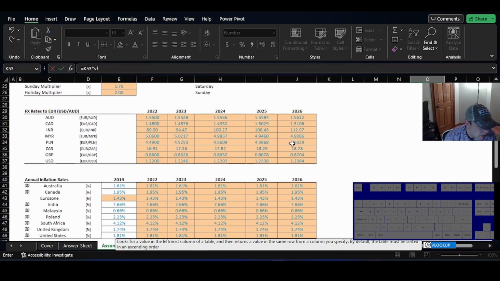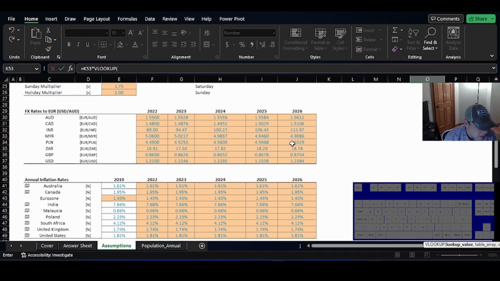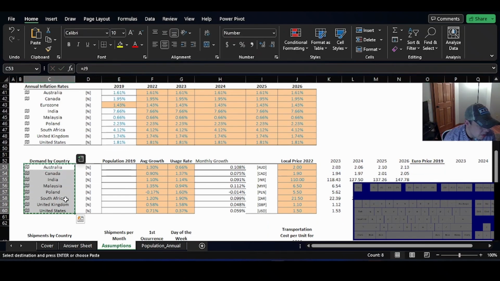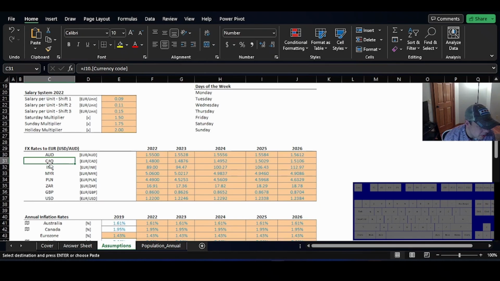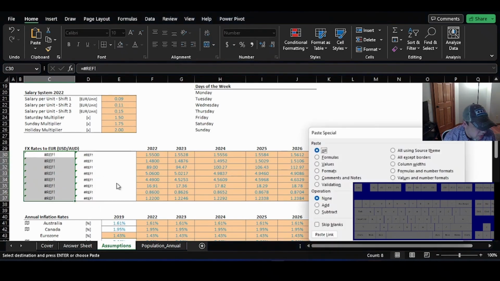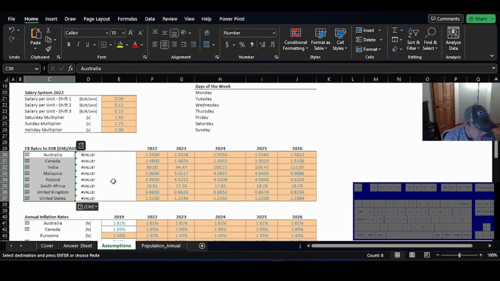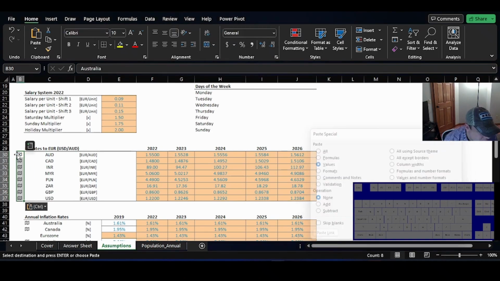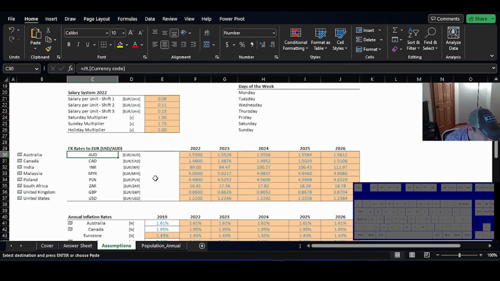Oh, that's annoying. So I have to, who did that? Australian, Canadian, Indian, Myanmar. Nobody put the country in there. That seems silly.